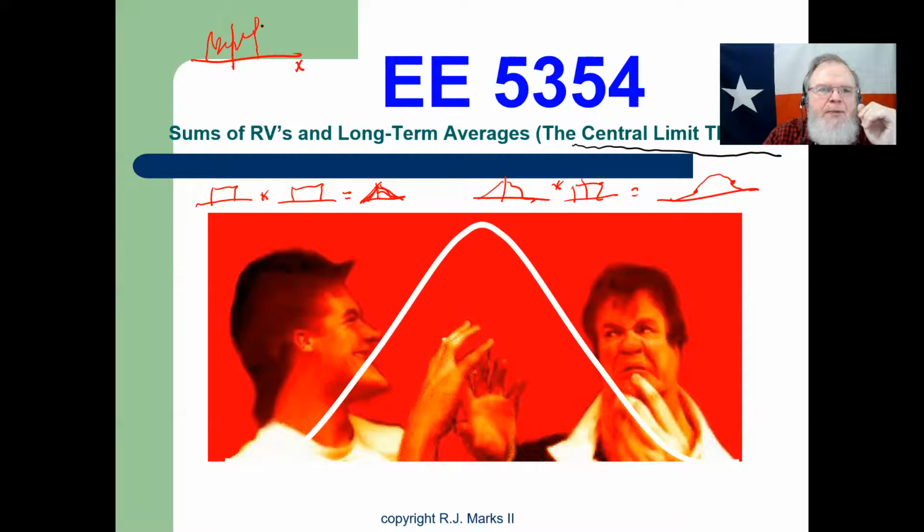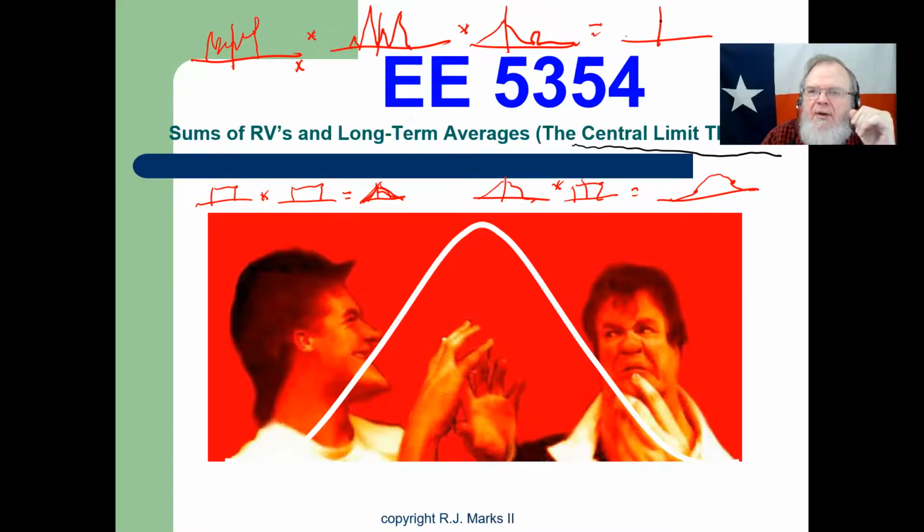And you convolve it with another density function that looks like this. And you convolve this with another density function that looks like, I don't know, something like this. Okay, something strange. If you convolve all of these random variables together, you will get a Gaussian in the limit.